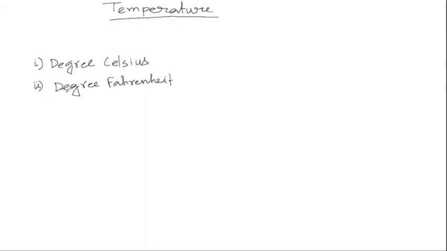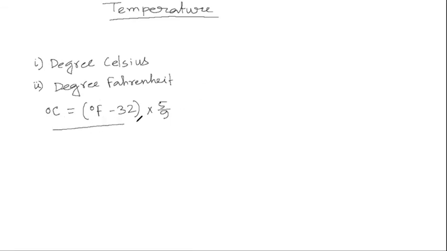So how do we convert this temperature? Here we will use two different formulas. The first one is degree C equals (degree F minus 32) multiplied by 5 by 9. We use this formula when we want to convert from degree Fahrenheit to degree Celsius.